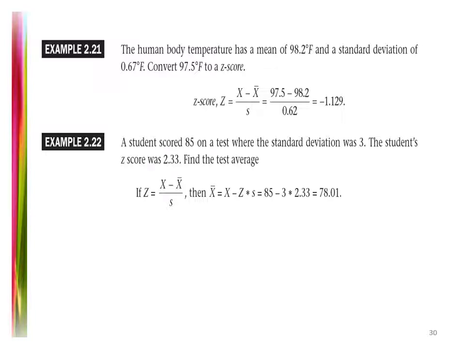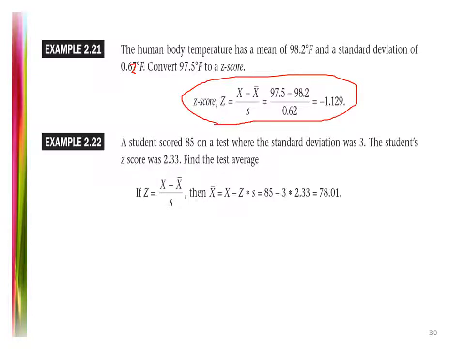The standard deviation should be 0.62; the earlier 0.67 was maybe a typo. All right, so that is equal to negative 1.129. So that means this is possible: the z-score may be 0, negative or positive.